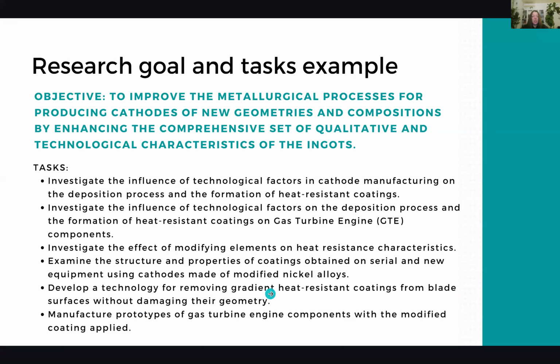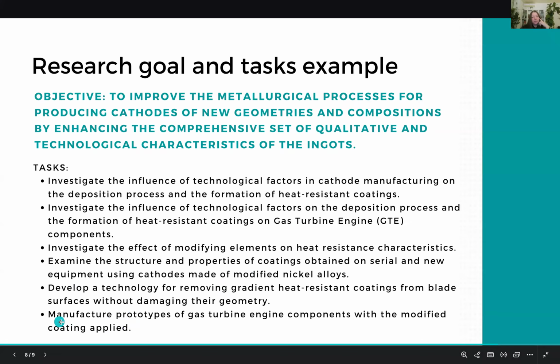But if you think about it, first we study different factors affecting the coatings, then we create those coatings using the knowledge we've obtained, and next we see if we can remove those coatings without damaging the parts. So maybe to reapply them. So if you look at it this way, it kind of seems logical.